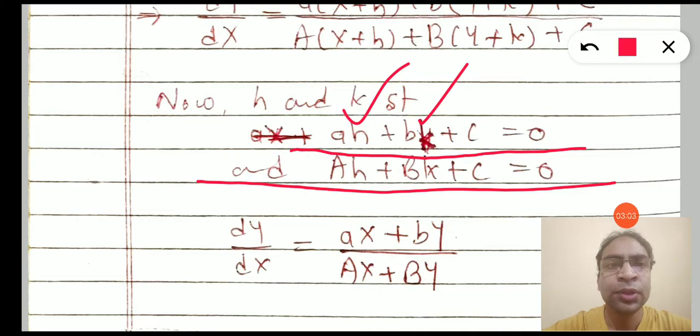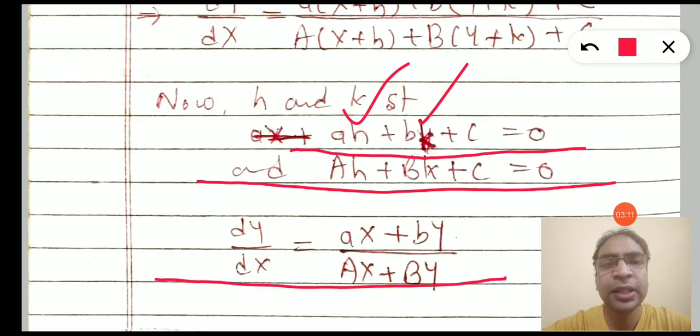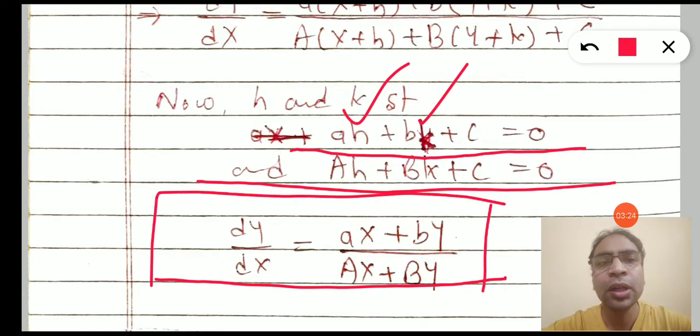Just by substituting these values into the equation, we will have this final equation: dY by dX is equal to (aX plus bY) divided by (AX plus BY). Now this equation is reduced to the homogeneous form, and to solve this we will apply the method we have seen for solving homogeneous equations.